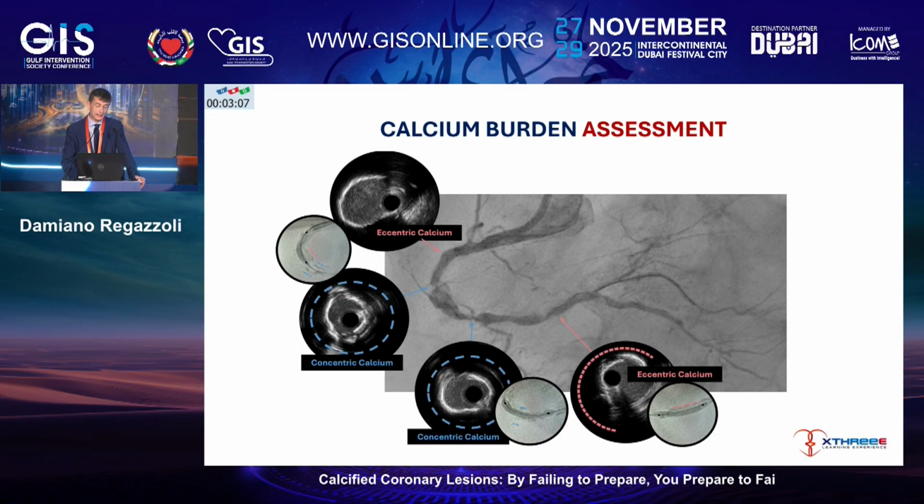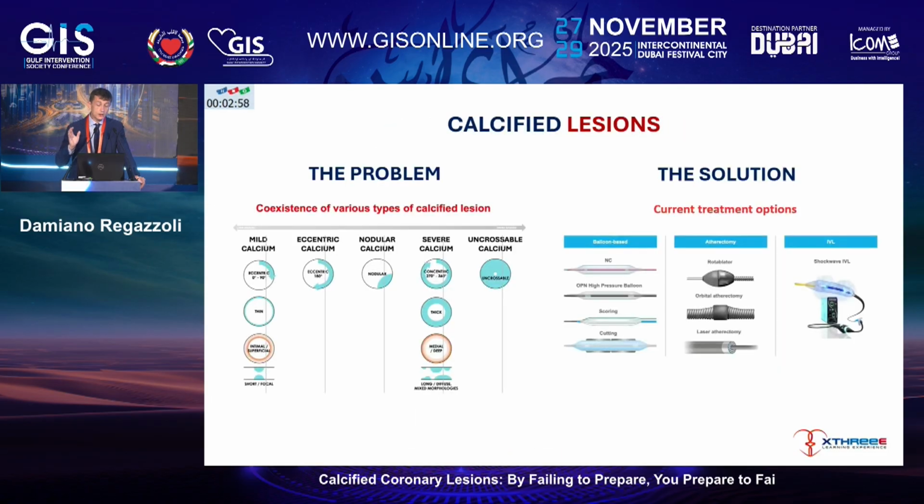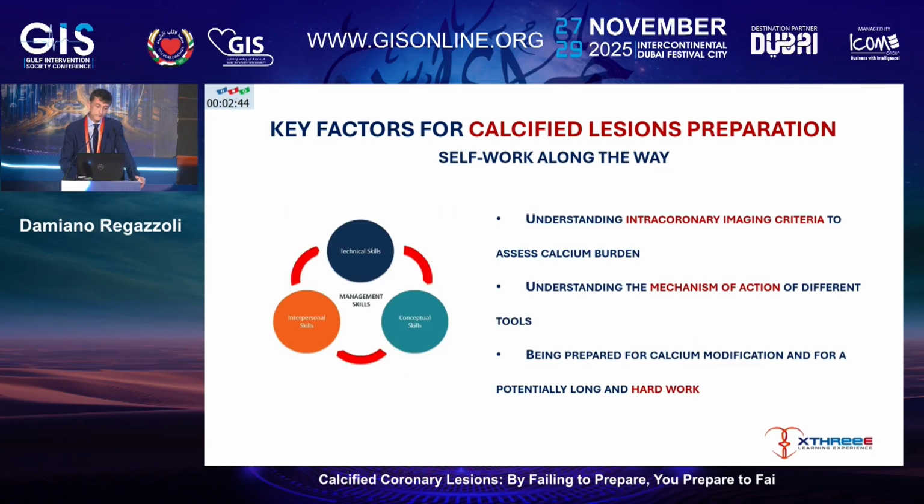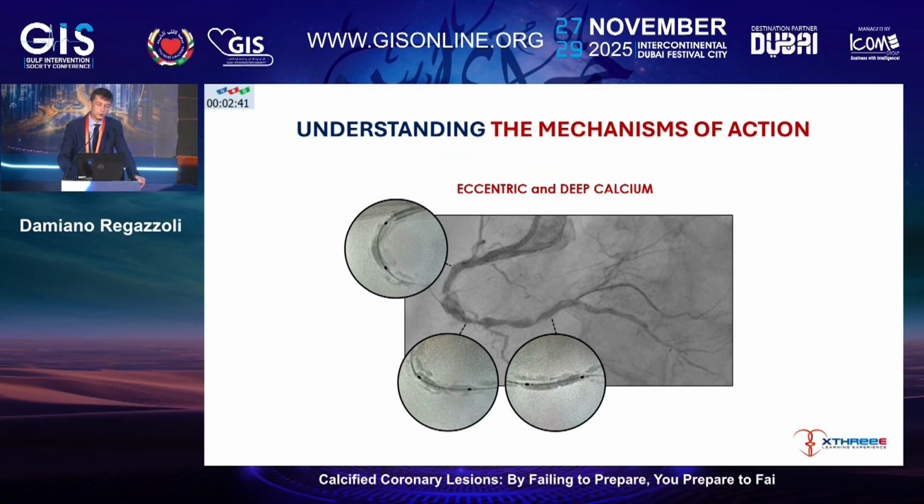And when you're doing this, you have to be ready to identify your enemy and to be able to choose the correct lesion preparation tool. We are talking about balloon-based therapy or atherectomy-based therapy or IVL, that is still a balloon-based therapy, in order to have the best result.